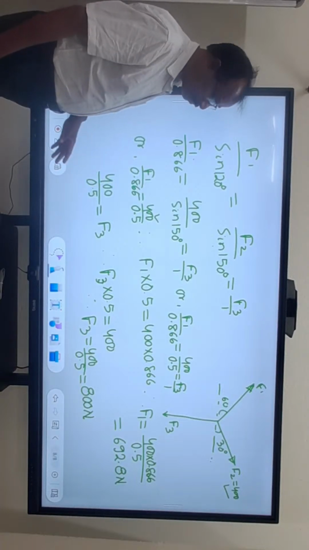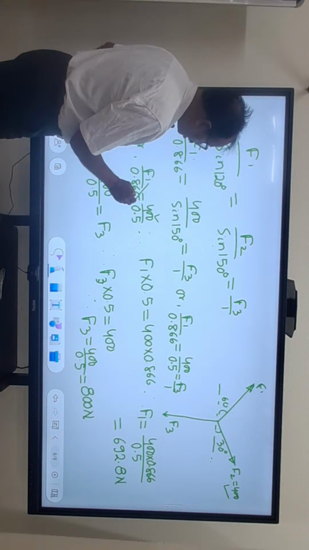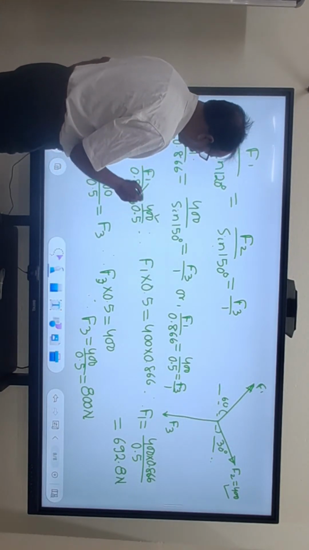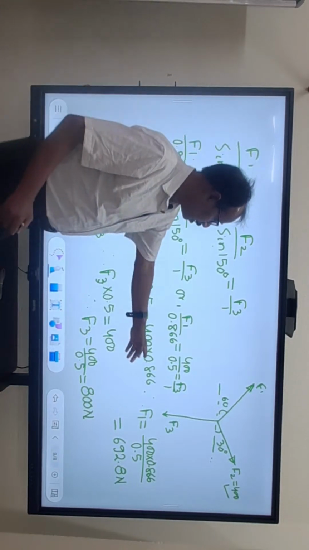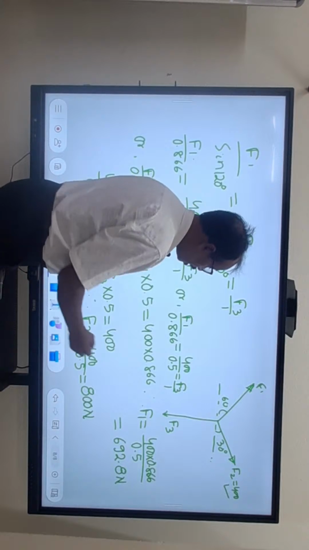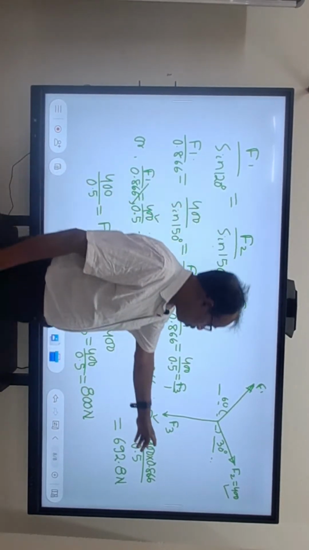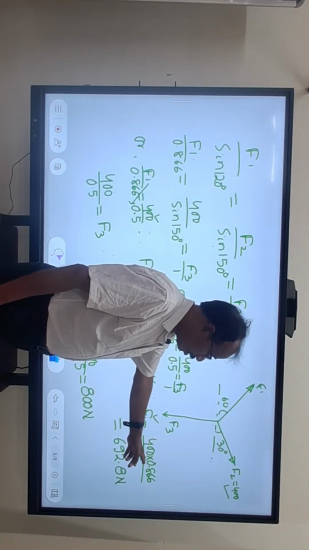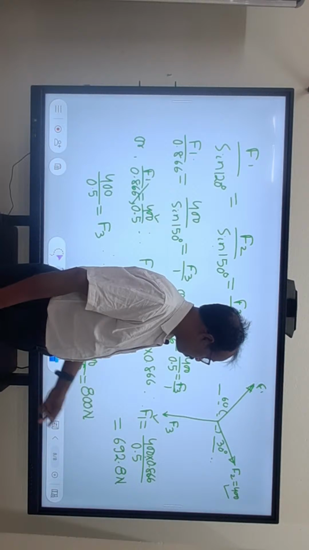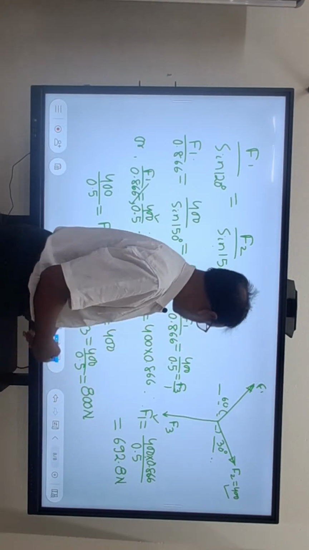After cross multiplication, F1 into 0.5 is equal to 400 into 0.866, or F1 is equal to 400 into 0.866 divided by 0.5, which is 692.8 Newton.